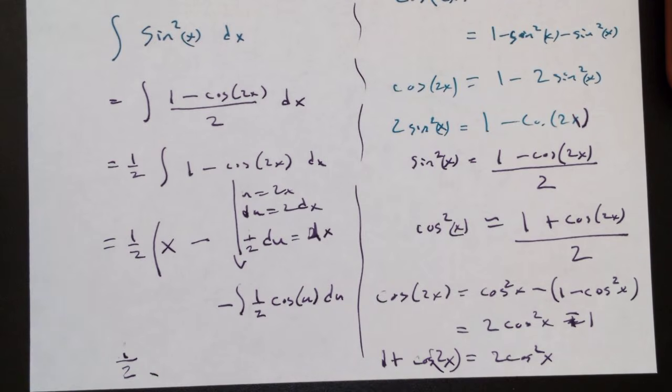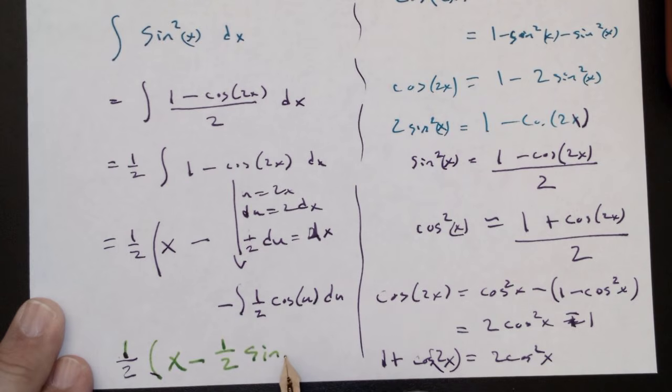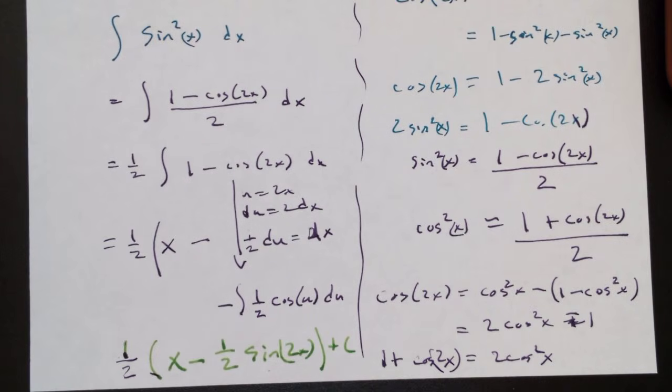I wrote too many pens dry apparently this week. 1/2 x minus 1/2 sine. Oh, it's going to be sine u, right? But u is 2x. We'll see. The one half on the outside of it, and the other one on the inside.